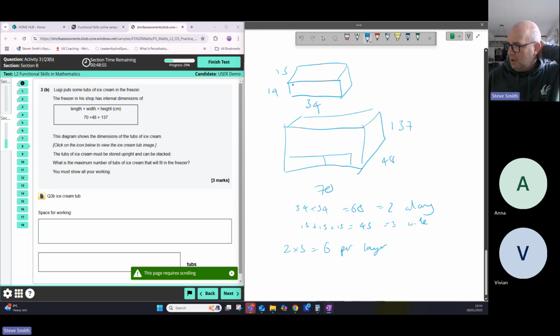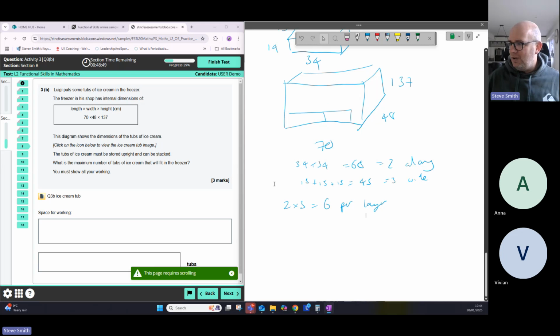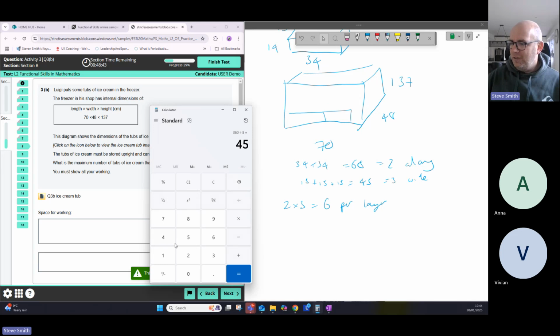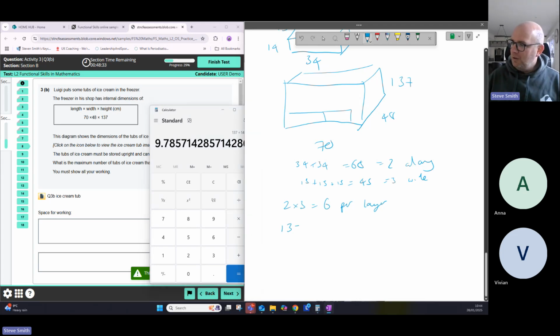And then we need to know how high up. We've got 137 high, and we've got 14. Let's just get a calculator. 137 divided by 14 equals 9.78.